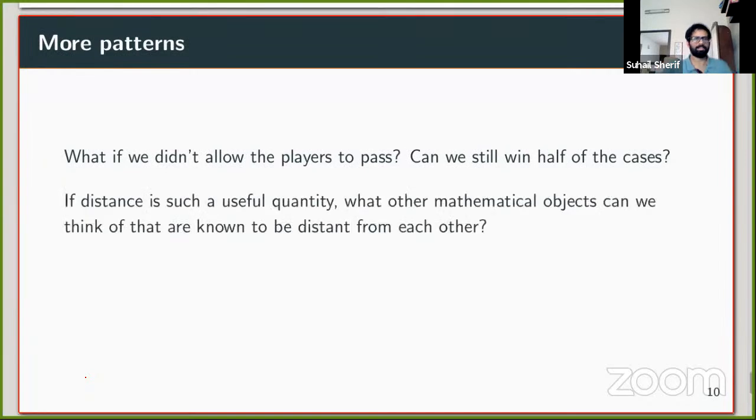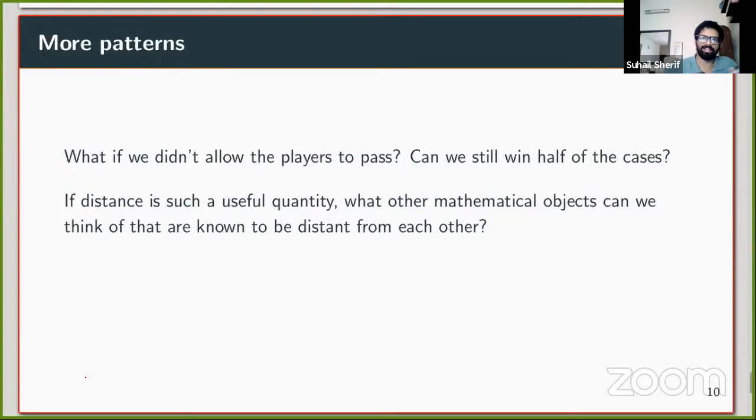Another question is, I know distance is such a useful quantity, so are there other mathematical objects that we can think of that are distant from each other? If we can find such mathematical objects, maybe some that we're already familiar with, we can use them to create codes, and it enriches almost everything. I think somebody said that codes pop up in so many places.